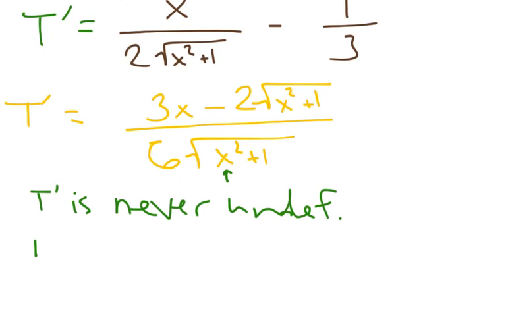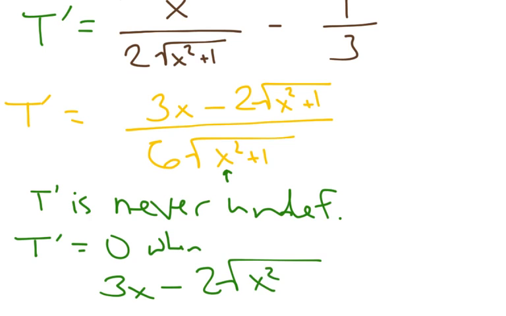Now t prime is going to be equal to 0 when this numerator, 3x minus 2 root the quantity x squared plus 1, is equal to 0. And I'm going to have to start a new screen for this. What I'm going to do is bring this term over to this side and then square both sides.